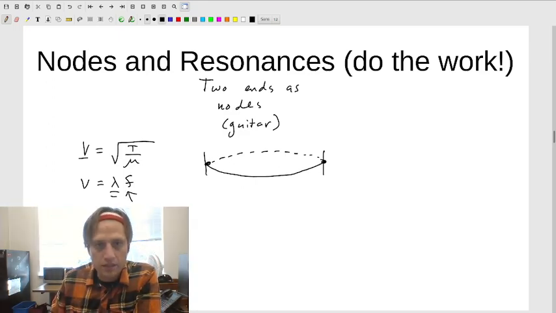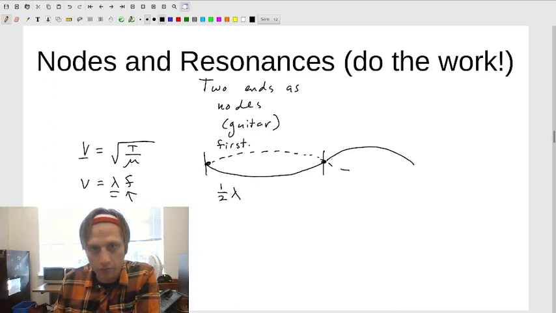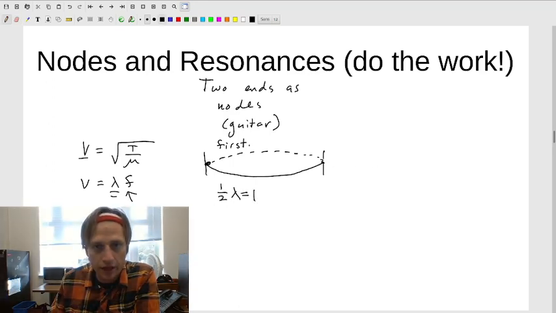So in this case, for our first harmonic, we have 1/2 of the wavelength, because if I wanted a whole wave, I'd have to go like this. But I'm going to erase that because the string doesn't extend out there. So 1/2 wavelength equals L, the length of that string.